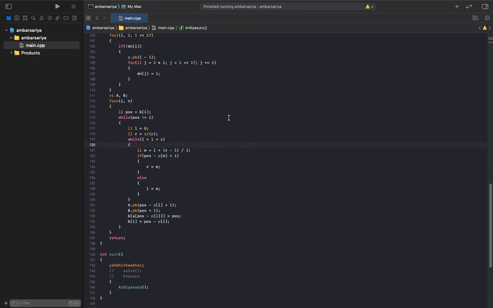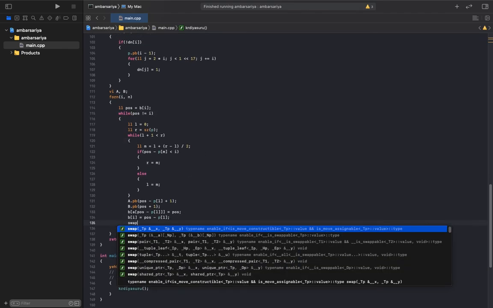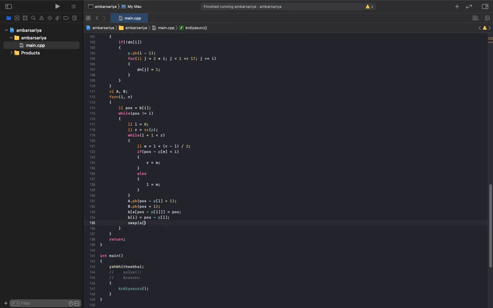Let's swap the value: A of pos swapped with A of pos minus P of L, and the position will be decreased by the prime number since we have swapped.